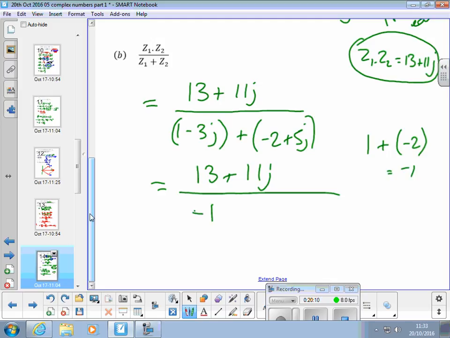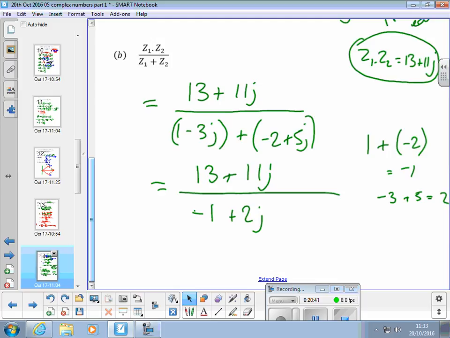Minus 3j plus 5j, minus 3 plus 5 is 2. Go back to the number lines if you don't get that. Yeah, everybody happy now?